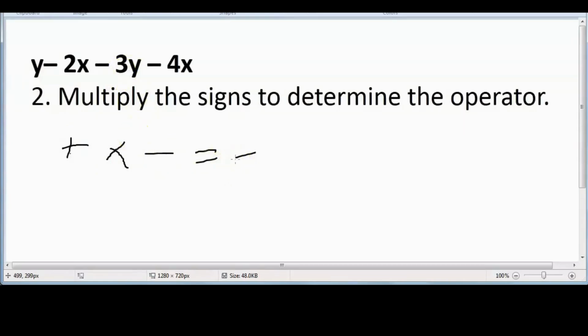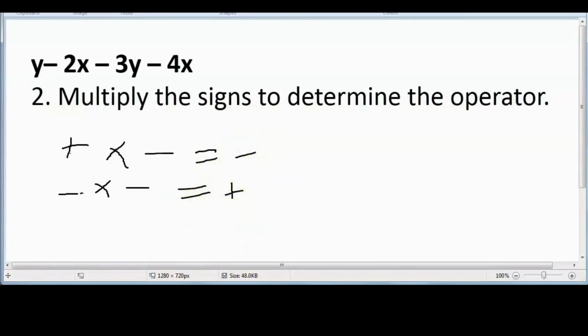That means it is a subtraction operation. Then for the x, we have minus multiplied by minus, which gives us a plus. It is an addition operation. That means we are going to perform a subtraction operation on the y's and an addition operation on the x's.